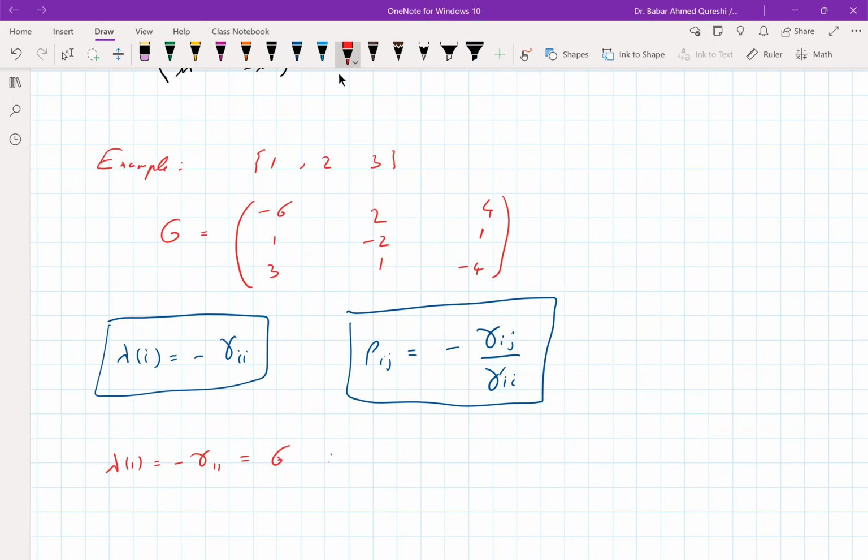And what it means is the expected holding time is 1/6. And so on. And P12, the discrete probability of jumping: when you get out of state 1, where will you jump?